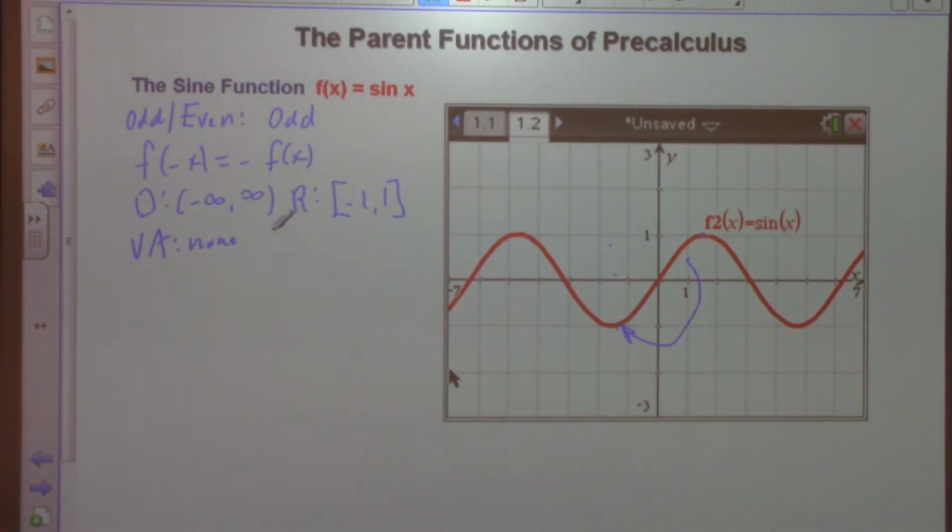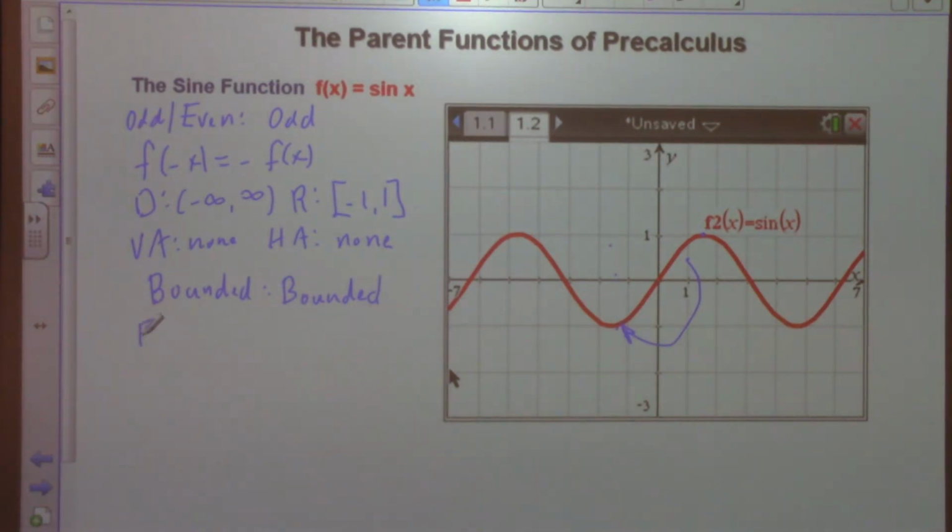Do we have a horizontal asymptote? No, we don't actually. And we'll talk a little bit more about that in a minute. Do we have boundedness? Yes. Above and below. We call this bounded above and below, so we usually just call it bounded if the function is bounded both above and below.